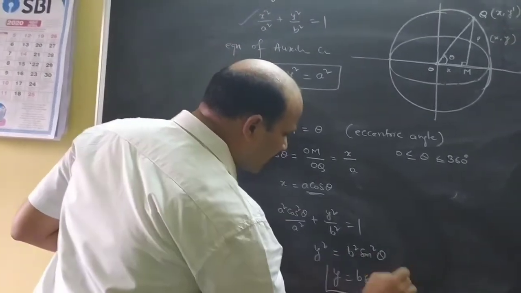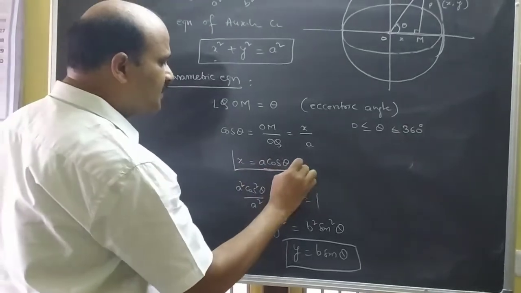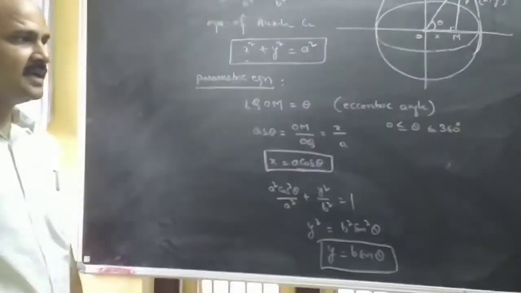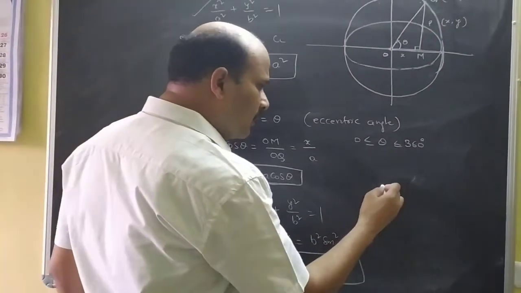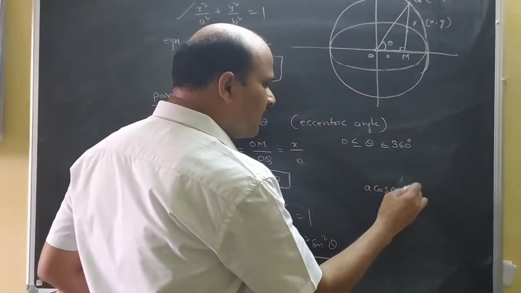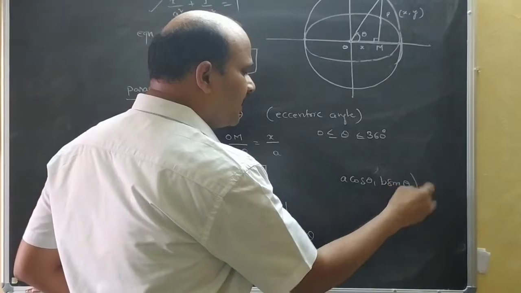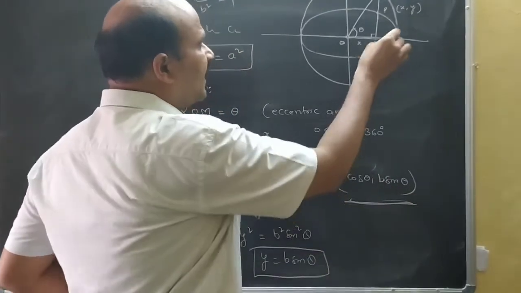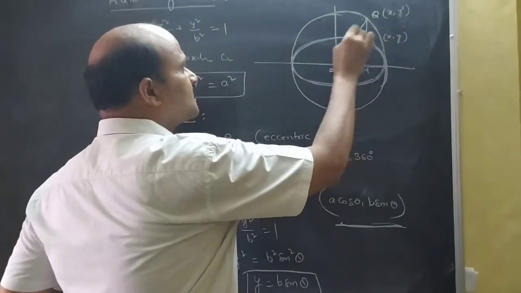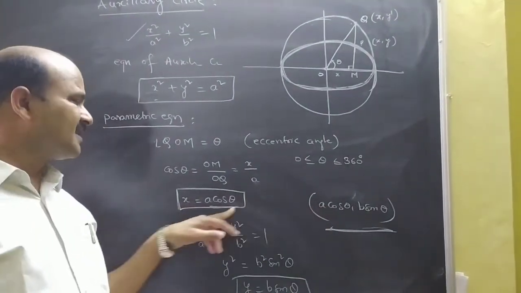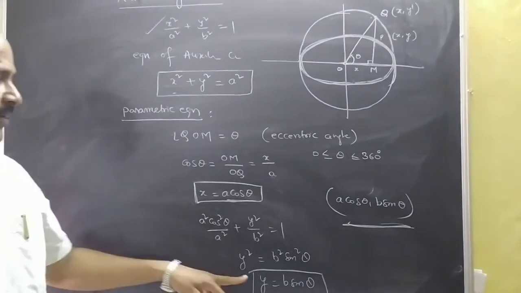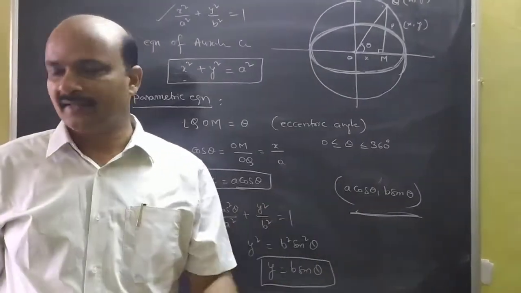So now x is a cos theta, y is equal to b sin theta. These are the parametric equations of the ellipse. Therefore, (a cos theta, b sin theta) is any point on the ellipse. Now these are the parametric equations, that is x is equal to a cos theta and y is equal to b sin theta.